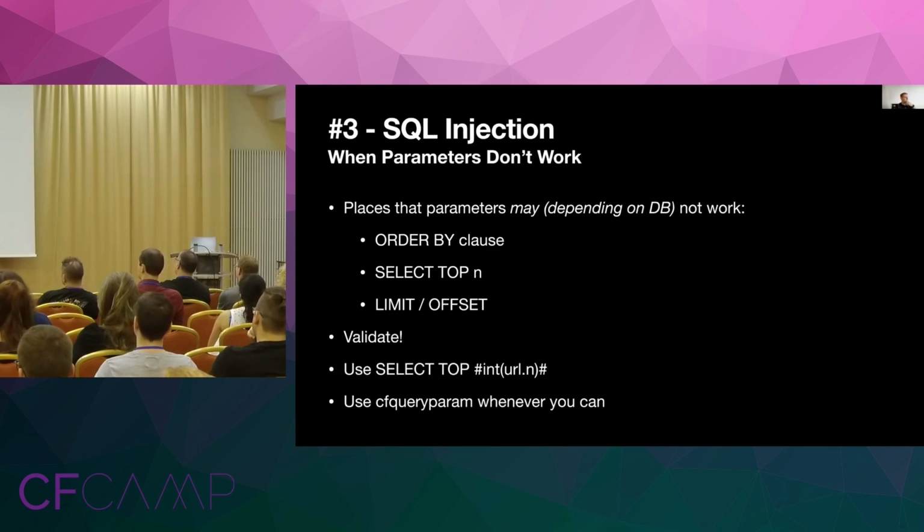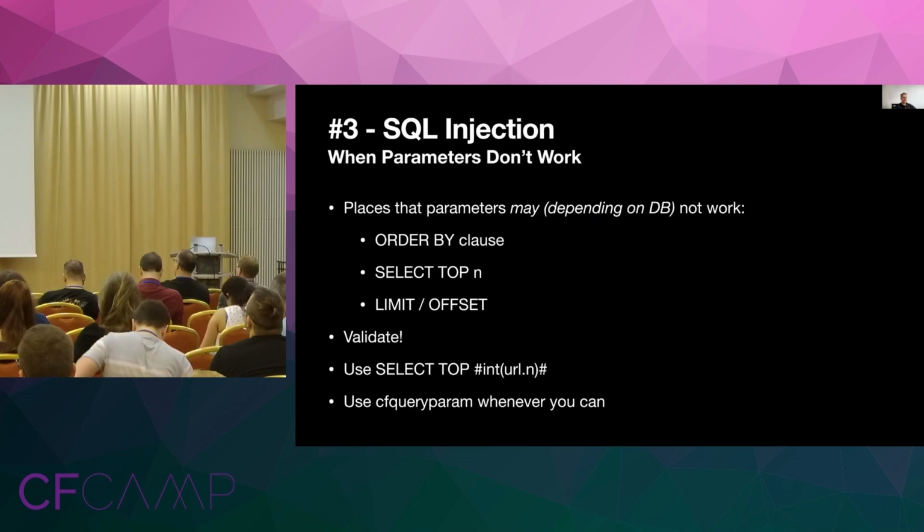So another couple things to think about is that for certain parts of the query, you might not be able to use CF query param, like an order by clause, maybe the limit or offset, and this varies depending on the database engine. So in those cases, you do have to be very careful that your code is written properly if you do need to use some sort of variable there.